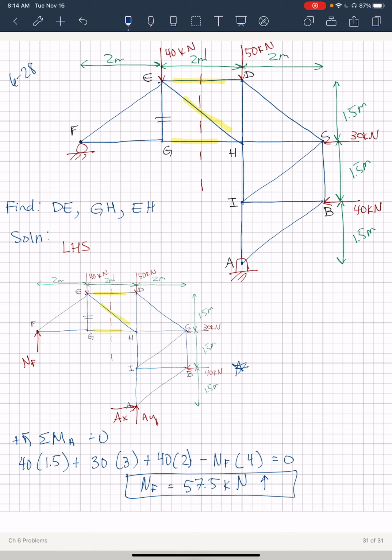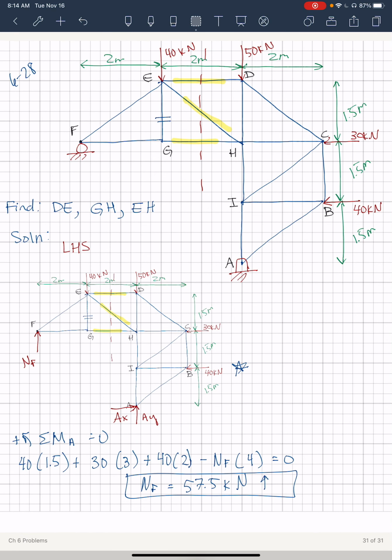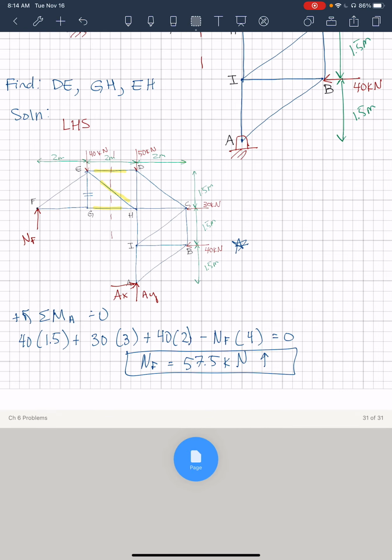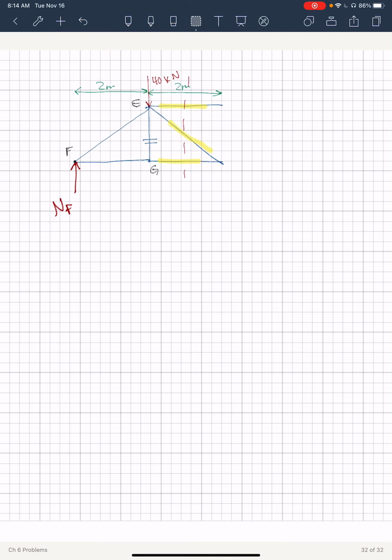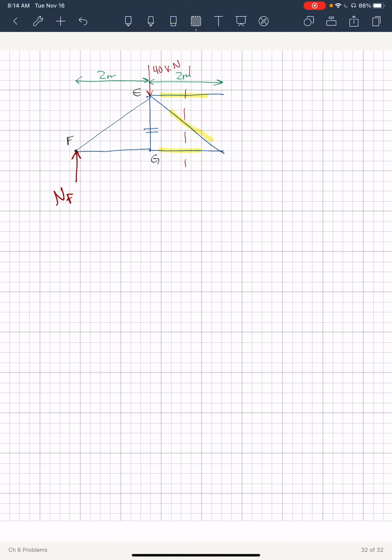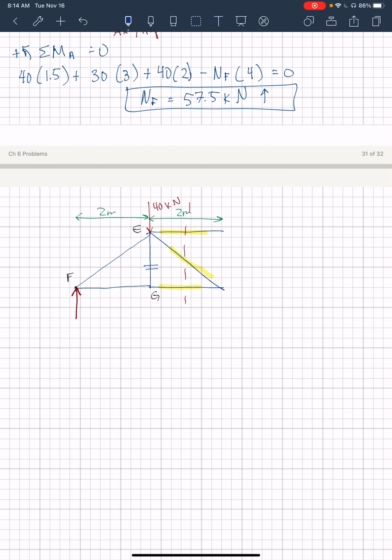So now we have the normal force here. Now we can look at the right hand side, and we just have 3 unknowns. We found that normal force to be 57.5 kilonewtons.